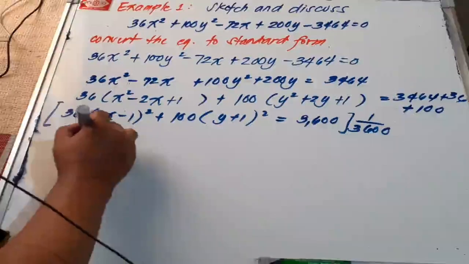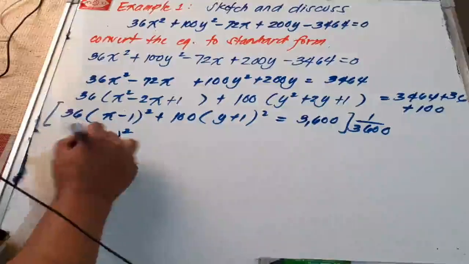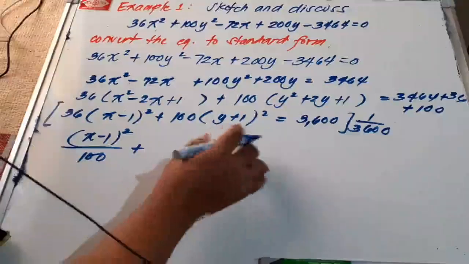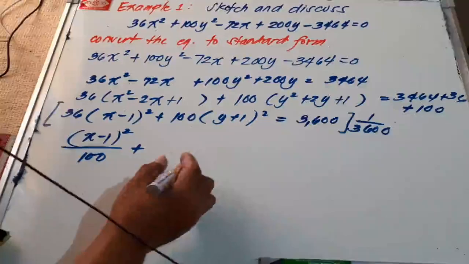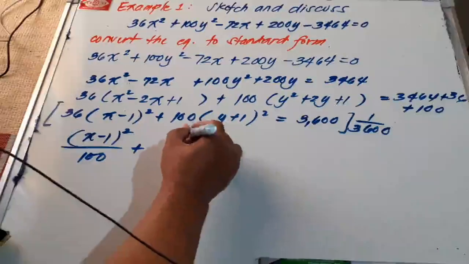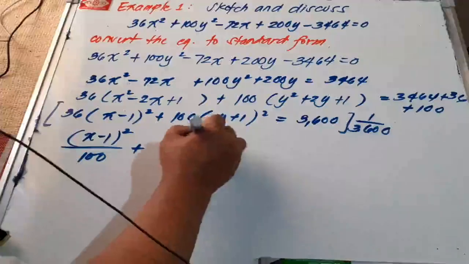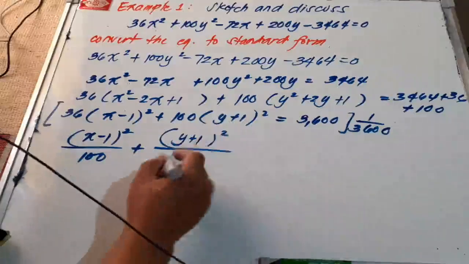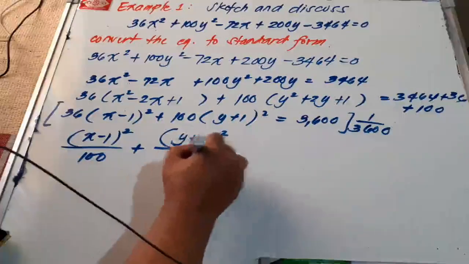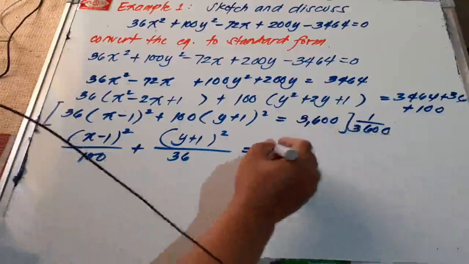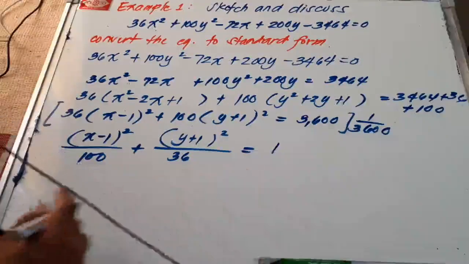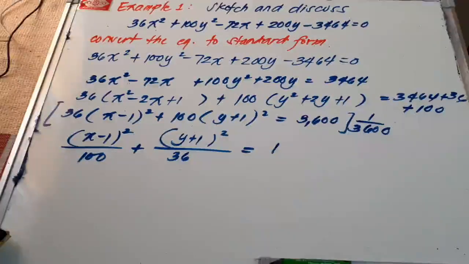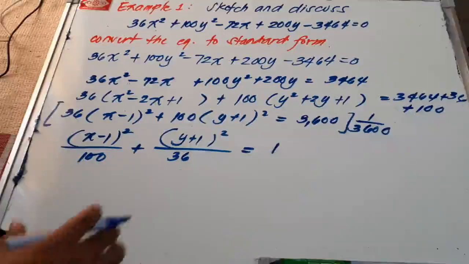So the result is (x minus 1) squared over 100. 100 divided by 3,600, both divisible by 100. Result is (y plus 1) squared over 36. And 3,600 divided by 3,600 is equal to 1. So we have now the equation of the ellipse in standard form.